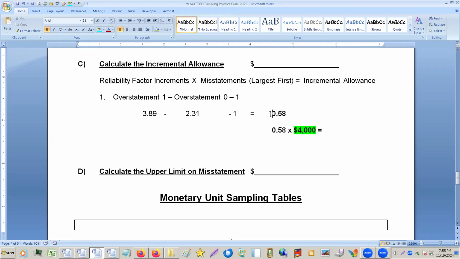So here's our factor we're going to use for incremental allowance. We're going to multiply that by our misstatement. You take the largest one first, we only have one. 2,320.